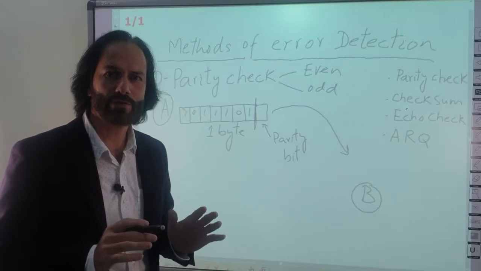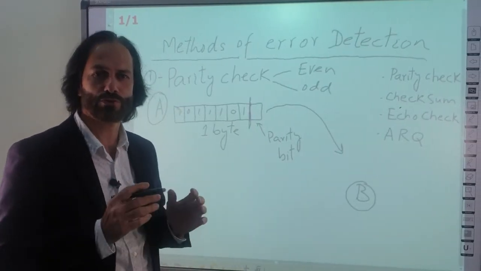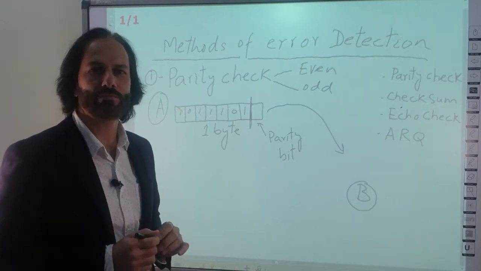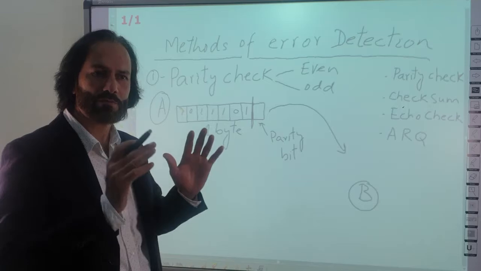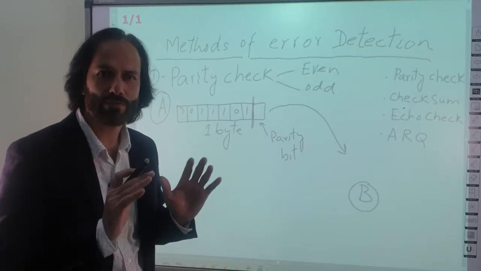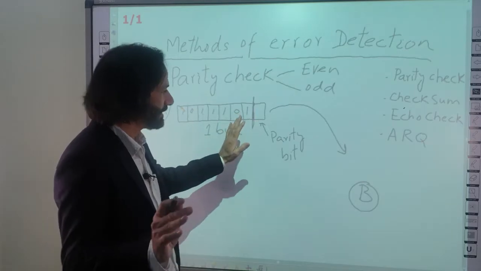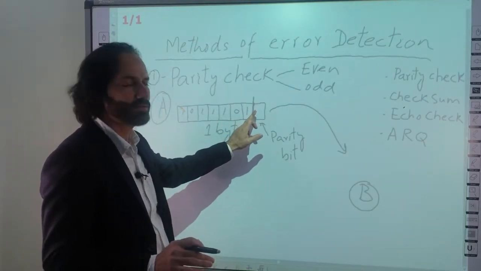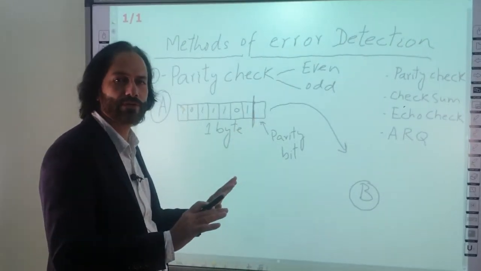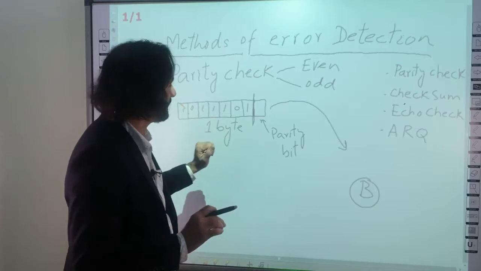Now odd parity works in the same way. Now the number of ones should be odd before the data transmission takes place. The sender will make sure that the number of ones are odd. As I already told in the even parity, this last bit has been reserved for the parity. So we are using odd parity at the moment.